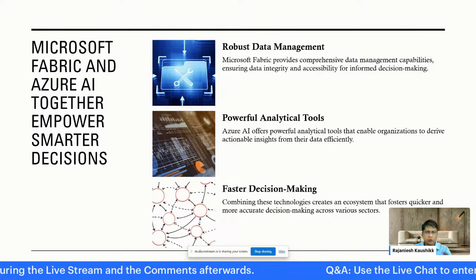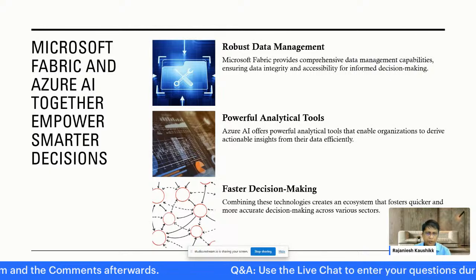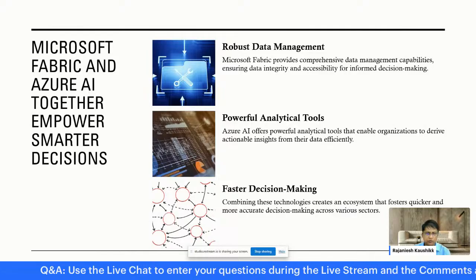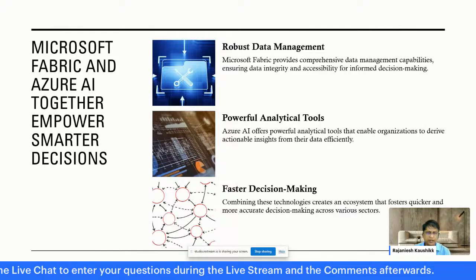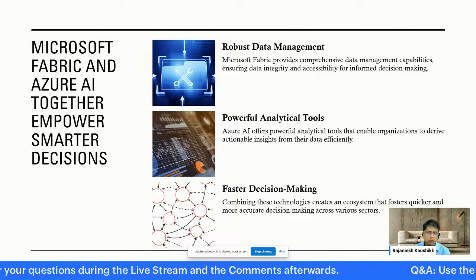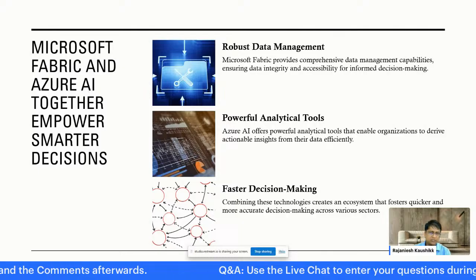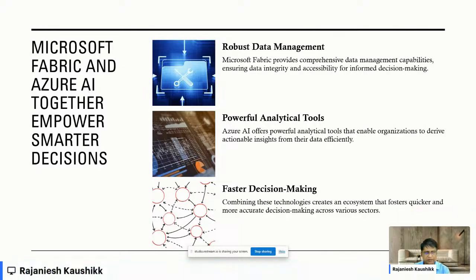Now, in this whole horizon, Microsoft Fabric and Azure AI together can empower smart decisions. How do they empower these decisions? First of all, Fabric, as you know, provides very comprehensive end-to-end data management capabilities, which help ensure data integrity and accessibility.